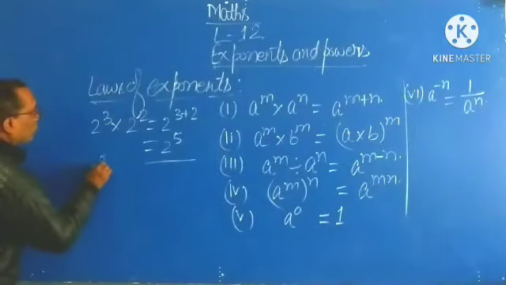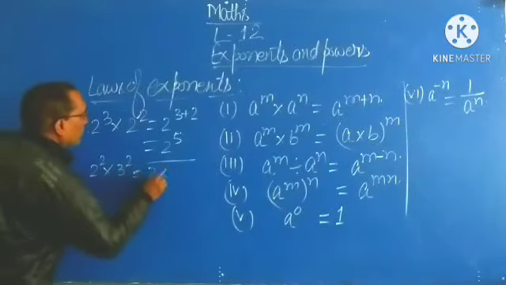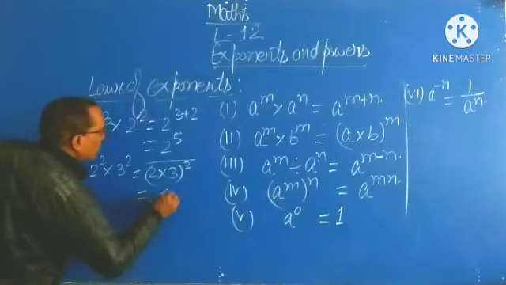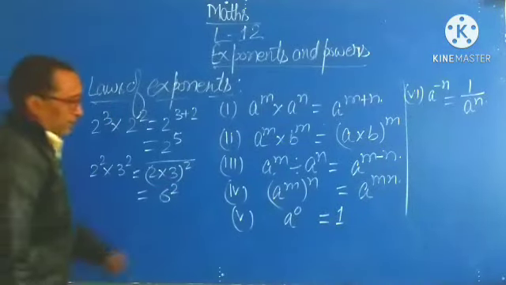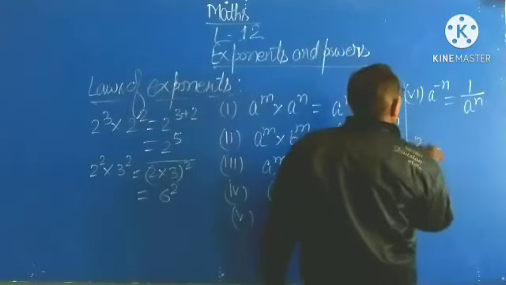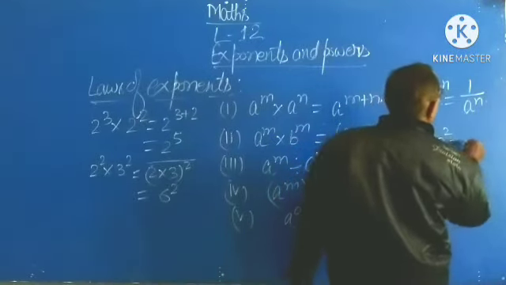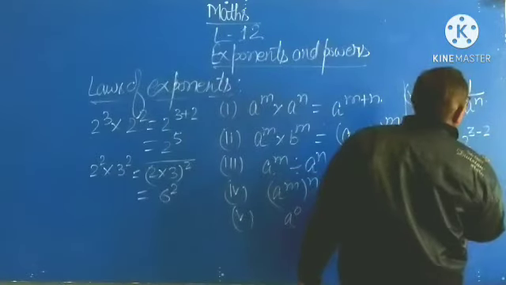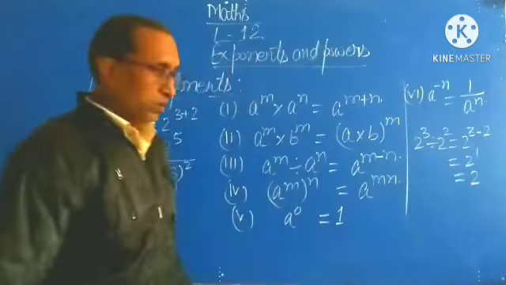When you multiply 2 raised to power 2 and 3 raised to power 2, you get (2 into 3) raised to power 2, that is 6 raised to power 2. And when you divide 2 raised to power 3 by 2 raised to power 2, you get 2 raised to power 3 minus 2, that is 2 raised to power 1, which is equal to 2.